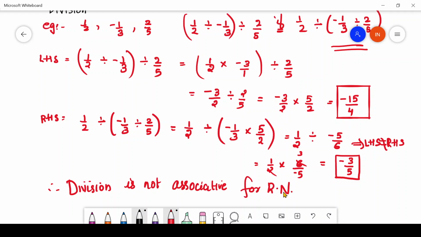So what can we conclude from seeing this associative property of rational numbers? Yes, addition and multiplication are associative for rational numbers, and subtraction and division are not. I hope all these are very clear to you. Thank you.